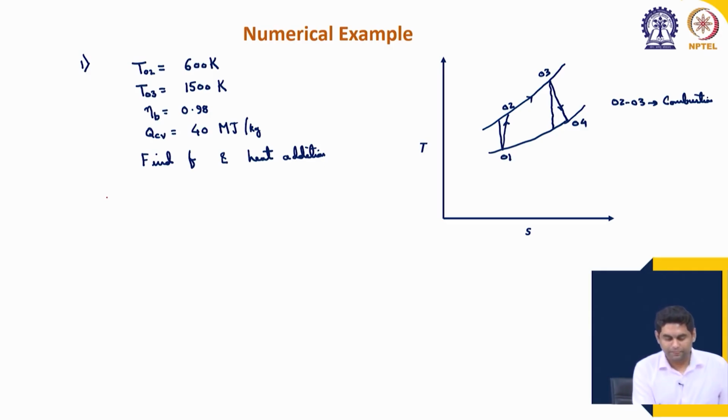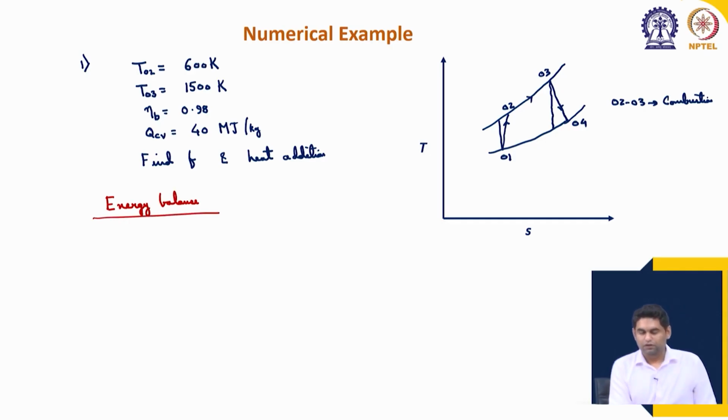So, the energy balance in the combustion chamber: the amount of energy which comes into the combustion chamber, per unit mass flow rate of air, is equal to F, the mass flow rate of fuel, into the calorific value of the fuel, plus 1 into CPA into T02, and this equals the energy at the exit of the combustion chamber.